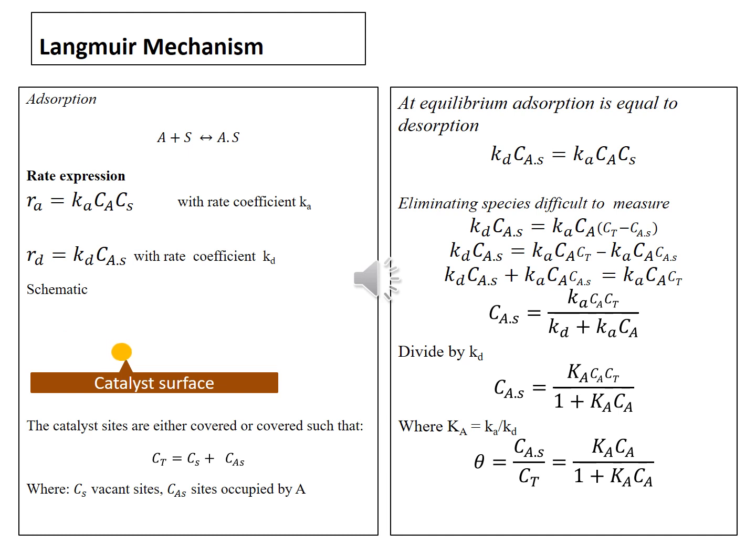There are a number of possible ways in which molecules can be adsorbed. The first mechanism that we're going to look at has A adsorbing to a vacant site S to produce an A·S complex.